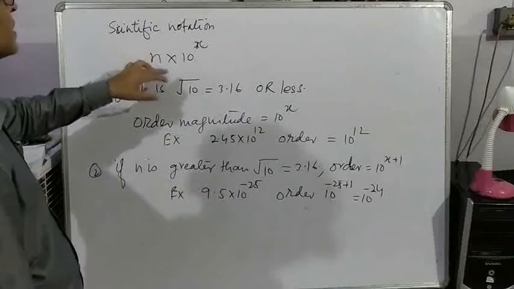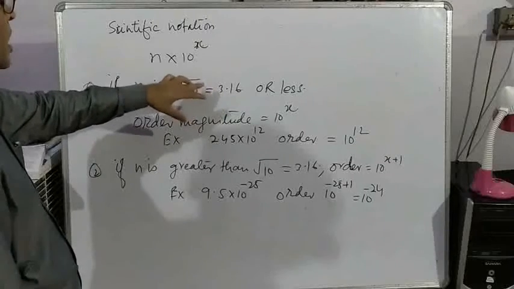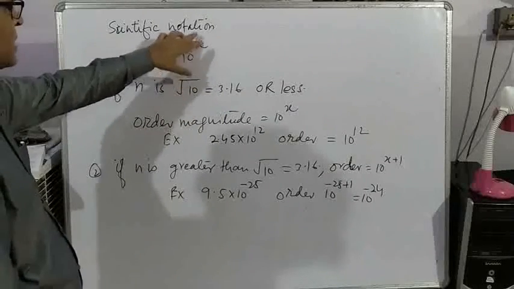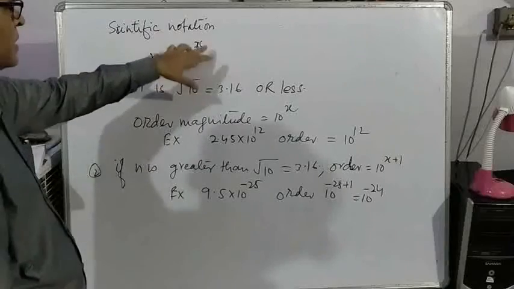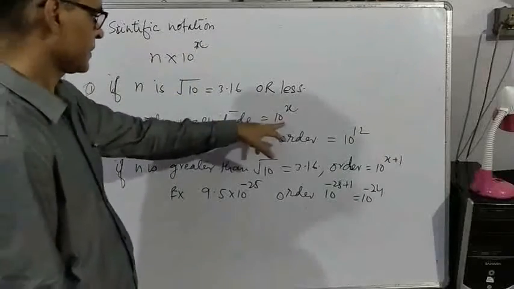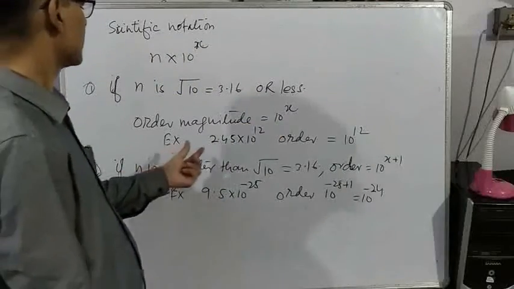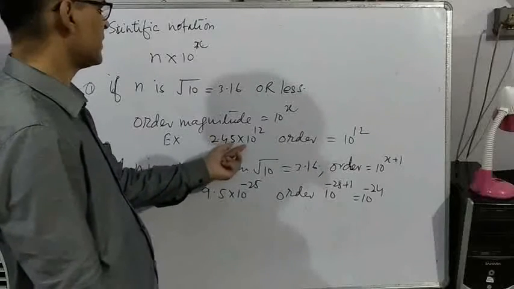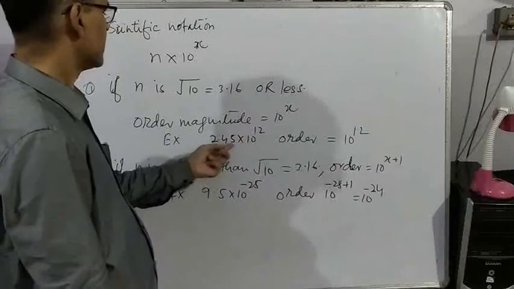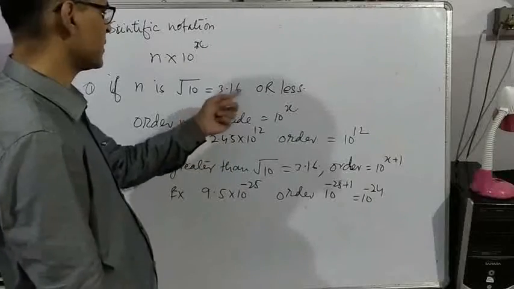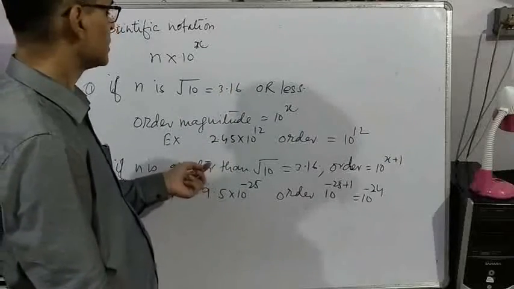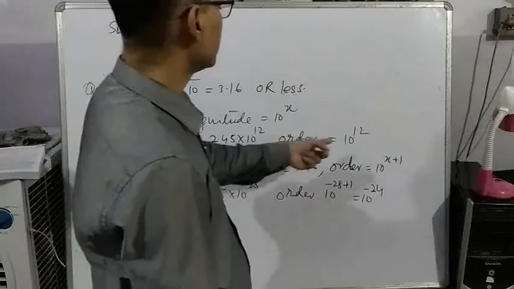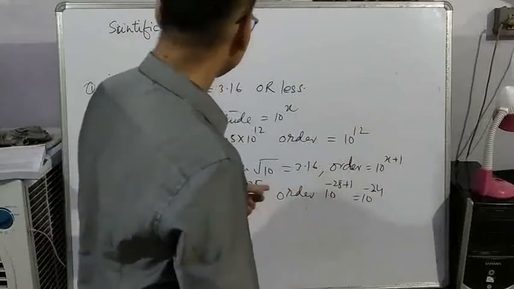If n is less than 3.16, order of magnitude will remain same, that is 10 to the power x. For example, 2.45 into 10 to the power 12, this value is less than 3.16, so order of magnitude will remain 10 to the power 12 only.